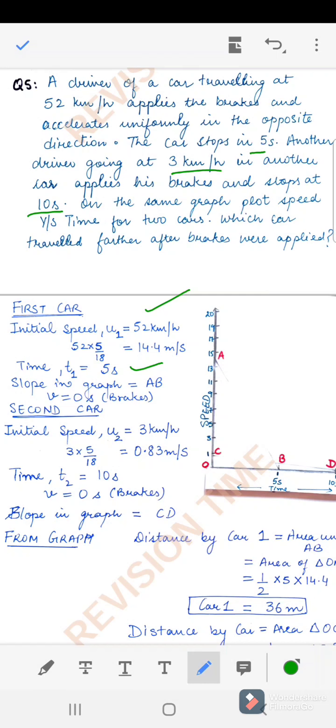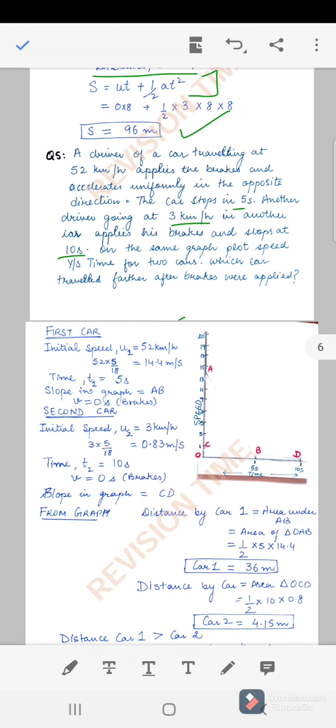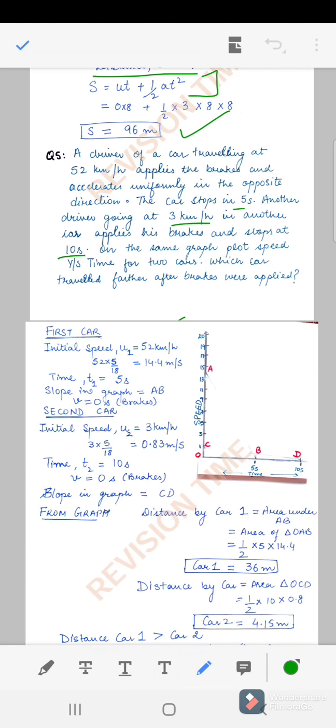So on the speed time graph, let us plot the graph. Here we have the speed as 14.4. So it will be somewhat here, right? And we have time 5 seconds, this. So the slope will be this. AB will be the slope for the first car.